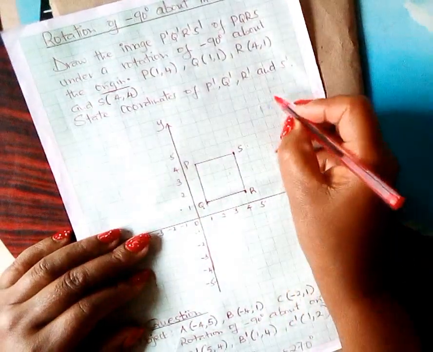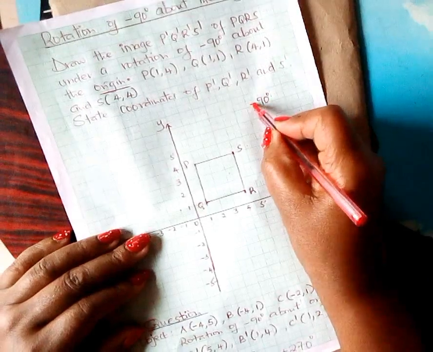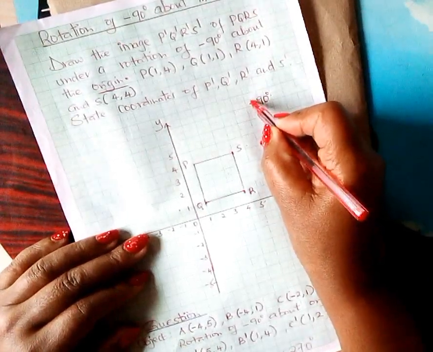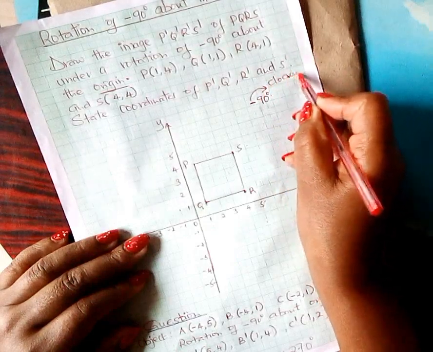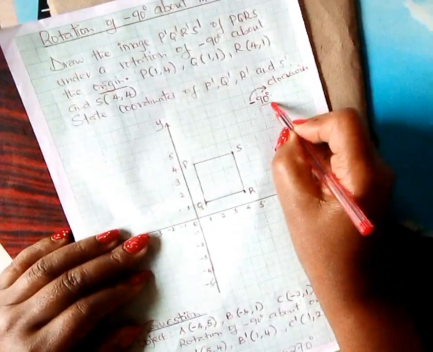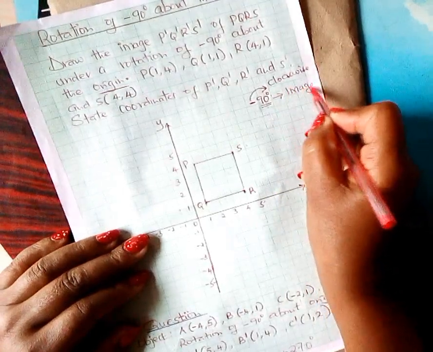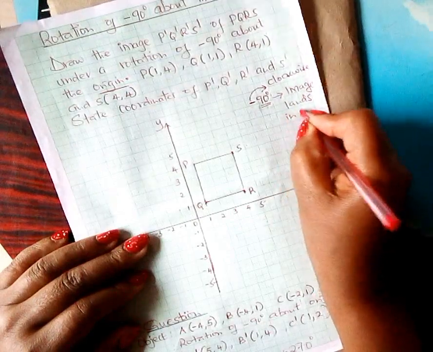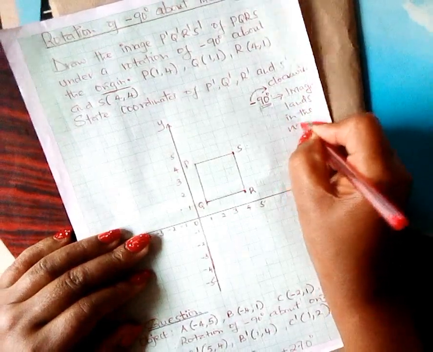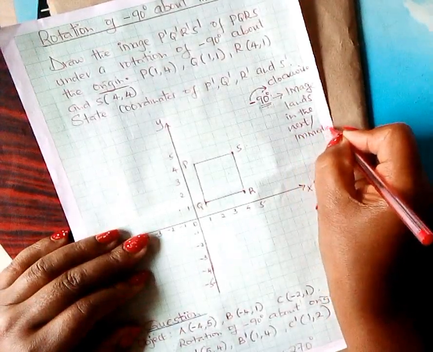So, learner, we want to do what? We want to do this rotation of negative 90 degrees. Negative means that you rotate it in the clockwise direction. 90 degrees means that the image lands, or will be obtained, in the next quadrant, the immediate quadrant.